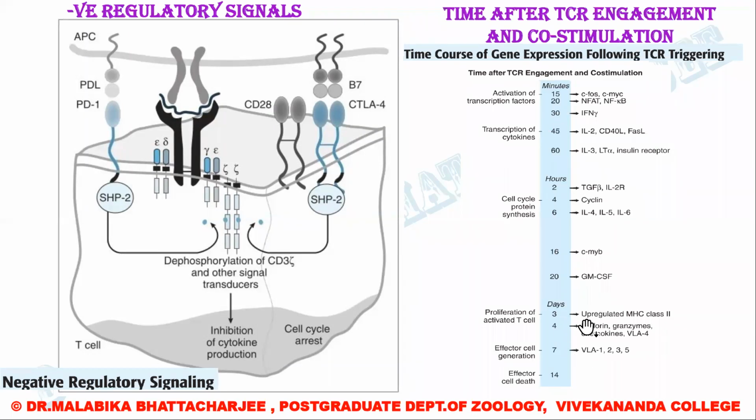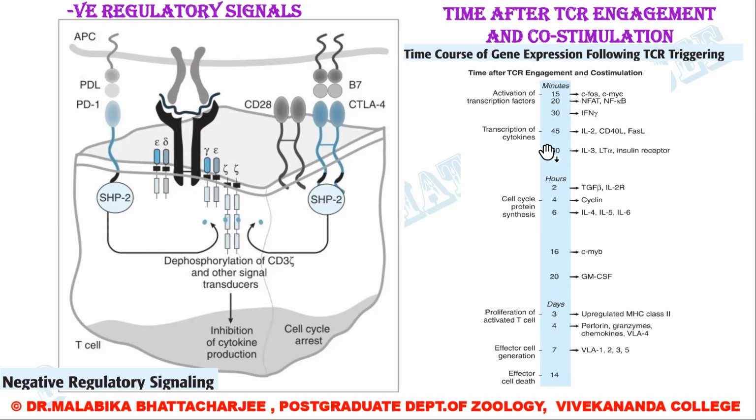Once we get the progeny, we get the generation of effector cells at the end of 7 days. So it's almost a 0 minute to 7 day reaction. It's a 5 to 7 day reaction that gives us effector cell generation, and the effector cell population stays for 2 to 3 days, maximum 4 days, and then dies off.